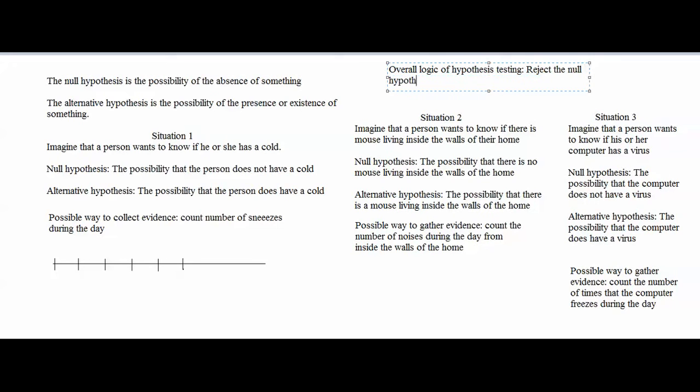Reject the null hypothesis if an outcome happens that would be unlikely to happen if the null hypothesis was true. Or you could say, if an outcome happens that would be unlikely to happen in the situation of the null hypothesis being true.